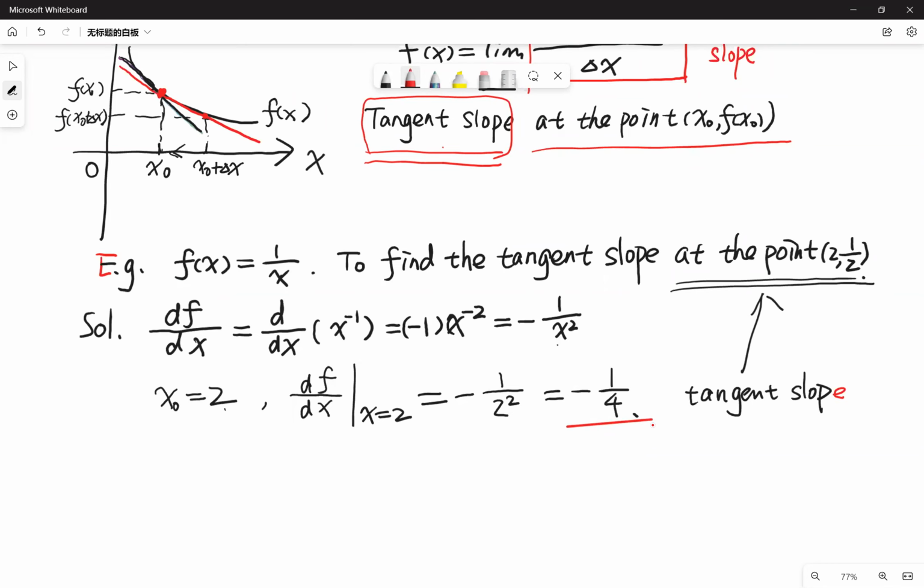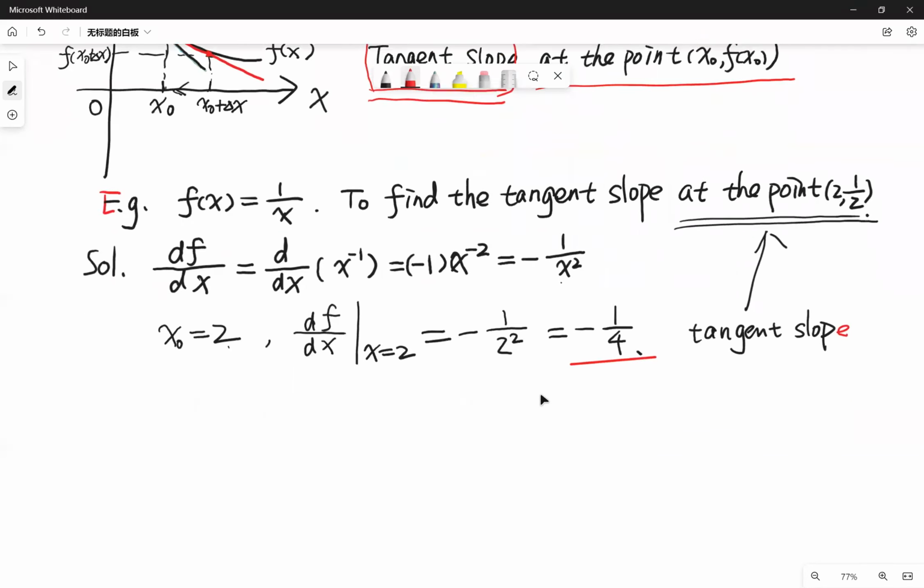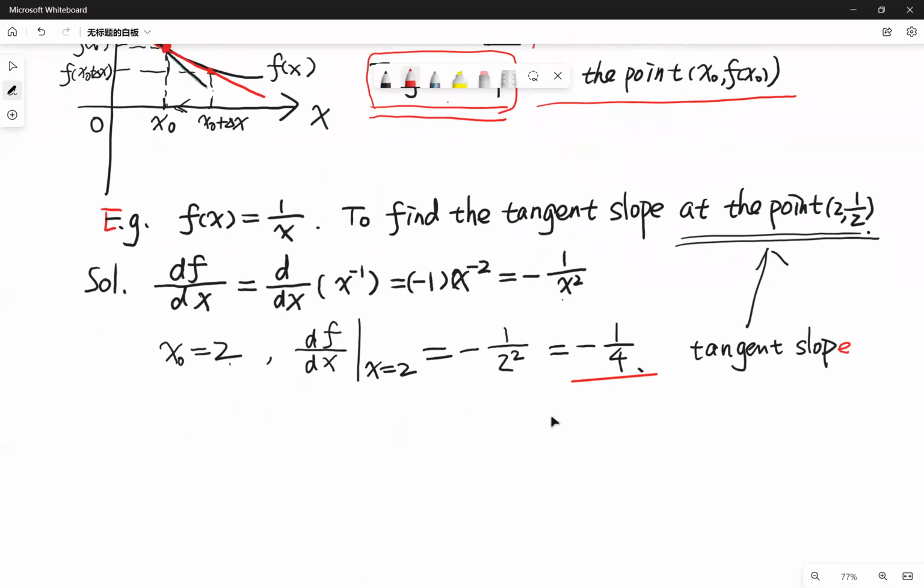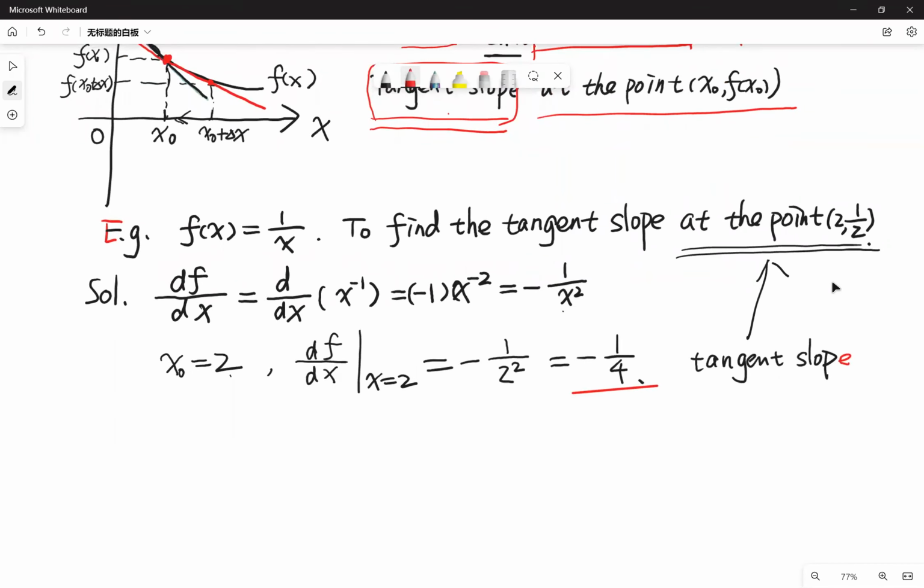Any questions? Laoshi, can you graph this tangent, please? The tangent slope at the point (2, 1/2). Here, this point is when x is 2, f(x) is 1/2.